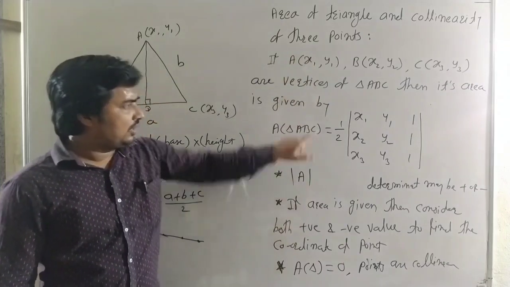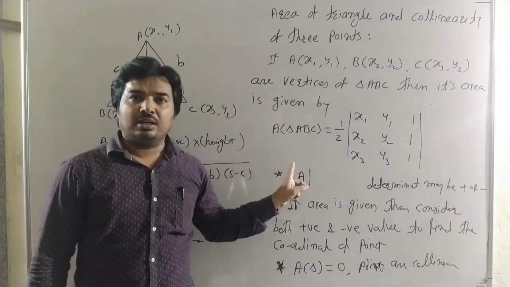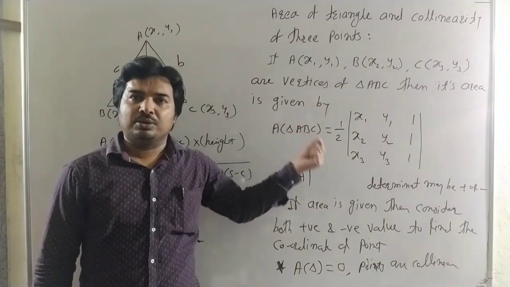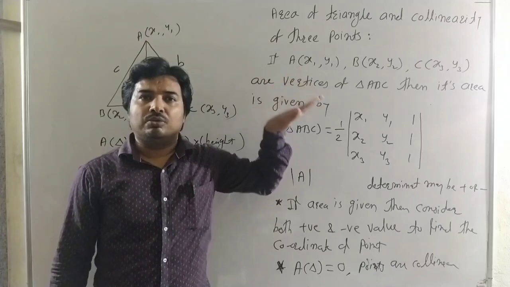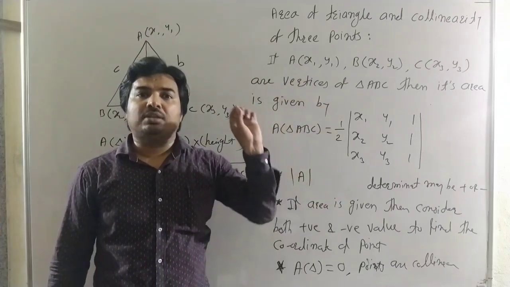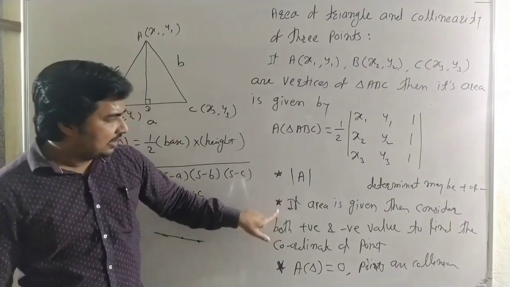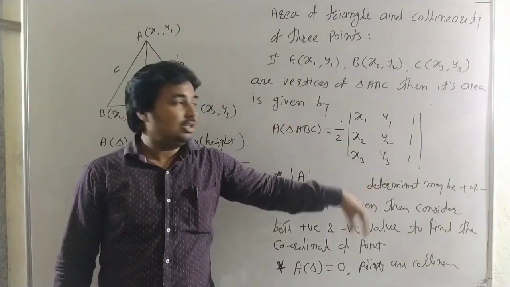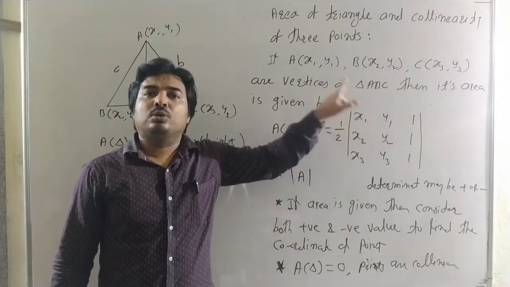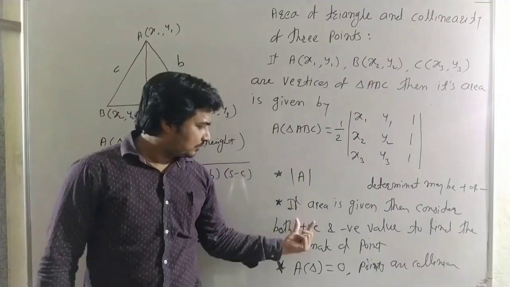See carefully, remember the formula for the area of the triangle when the vertices are given. The determinant may be positive or negative, but to find the area we take the absolute value. If we want to find the coordinates of the point, we can take both positive and negative values of the area.